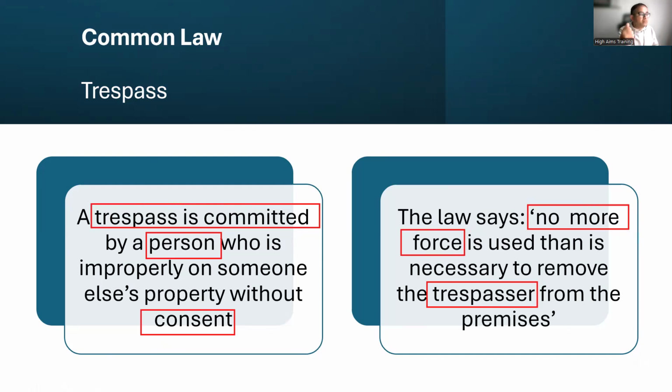So let's say somebody's holding maybe a baseball bat to hit you, then obviously you have the right to use proportionate force to stop them from hitting you. Okay, that is what it means. You can't hit someone with anything if they're not a threat. So you can just escort them out.